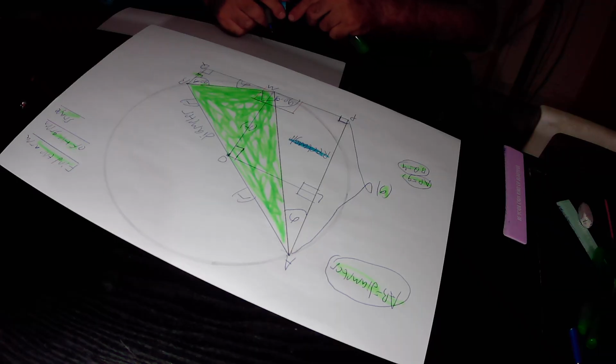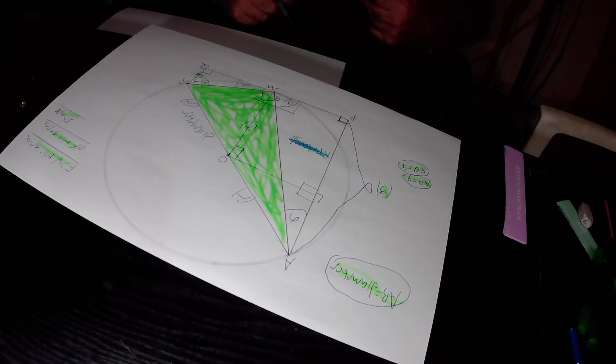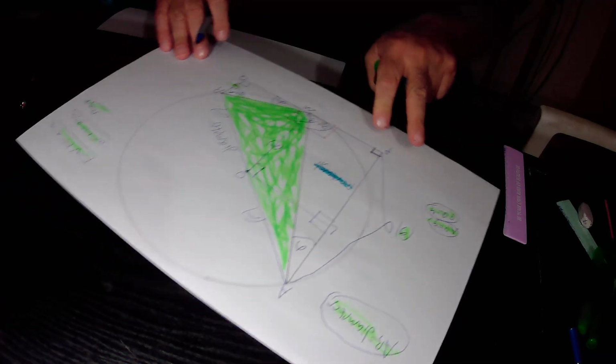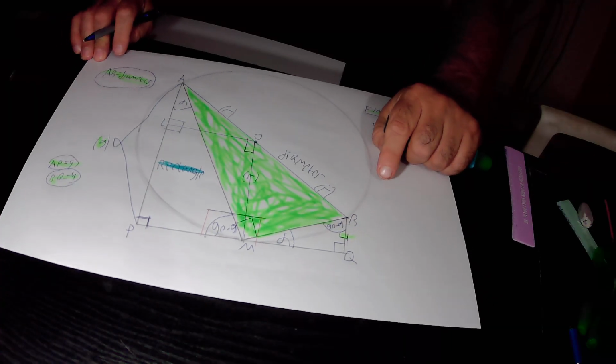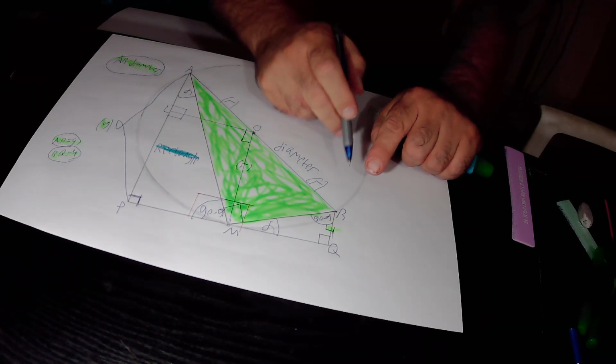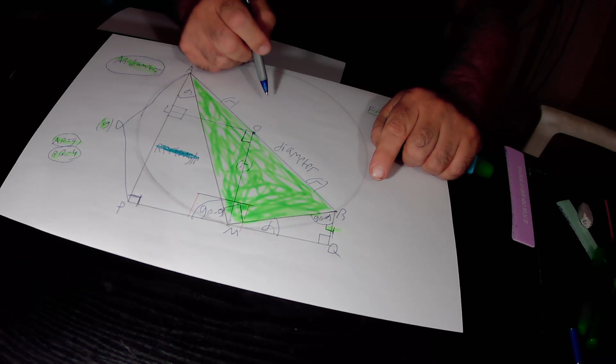In the next step, we do another construction. From point B, we will draw a perpendicular on the radius OM.